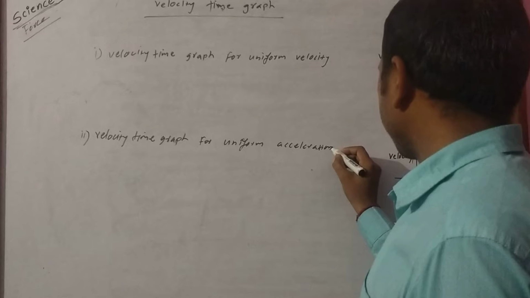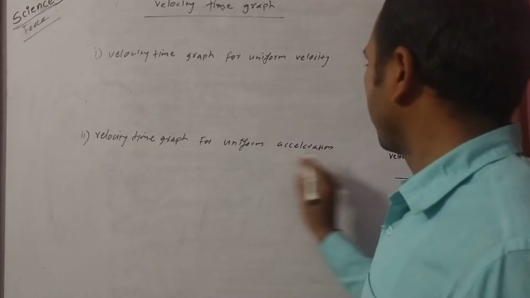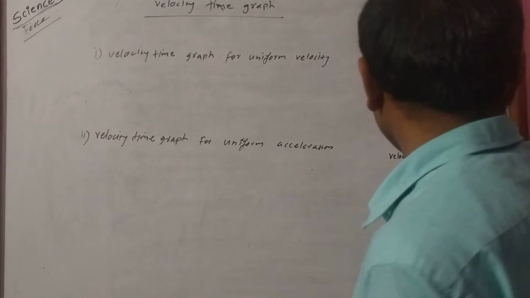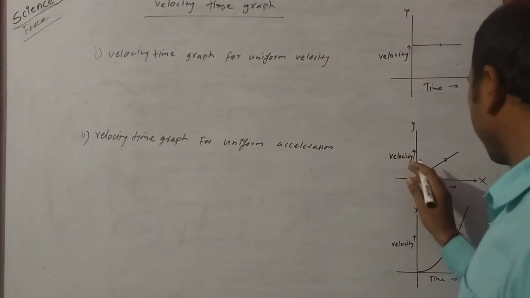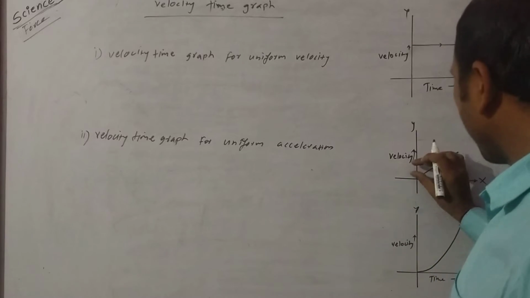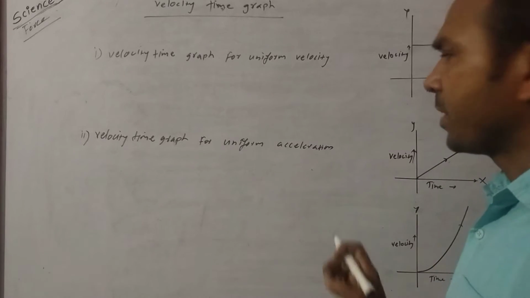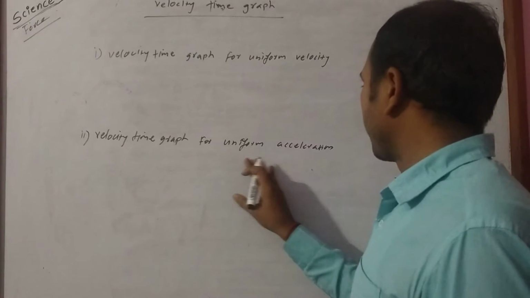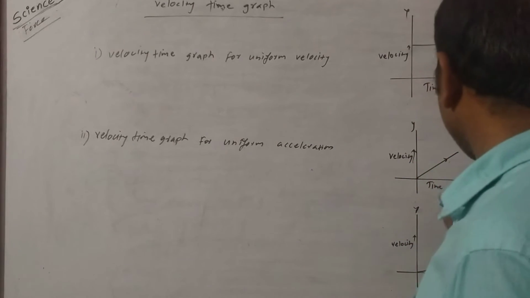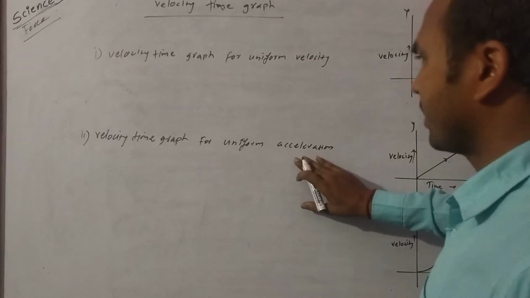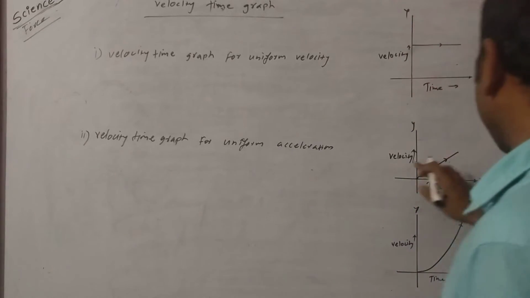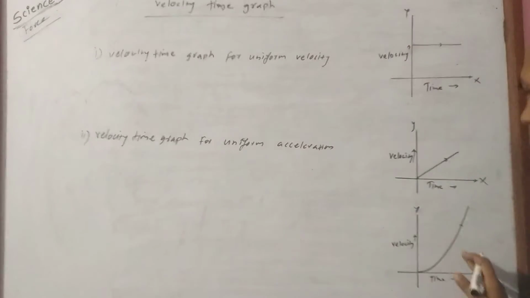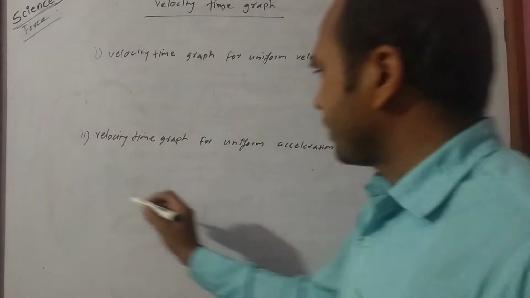It means with a constant acceleration, velocity is increasing. So here velocity increases at a constant rate, that is uniform acceleration. And the uniform acceleration velocity time graph can be represented in this way. Okay.